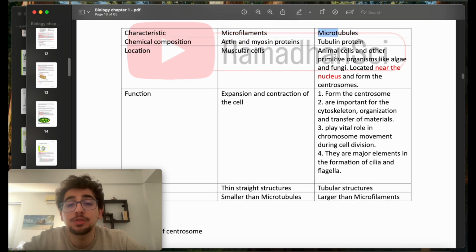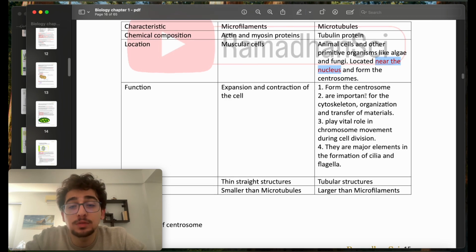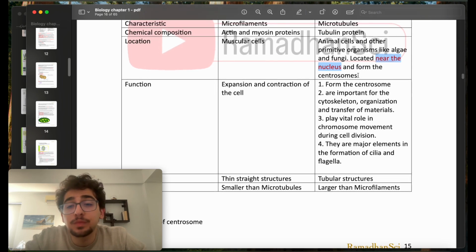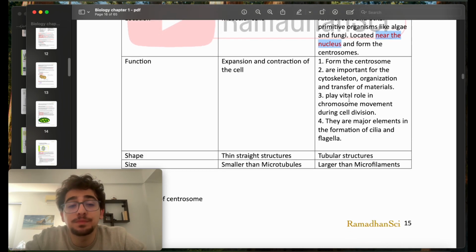Meanwhile, microtubules location is actually found in animal cells only. It's not in plant cells. It's only in animal cells and primitive organisms like the algae and fungi. Usually near the nucleus. Please mention this, near the nucleus, very important. Okay, and please mention that it is not found in the plant cells.